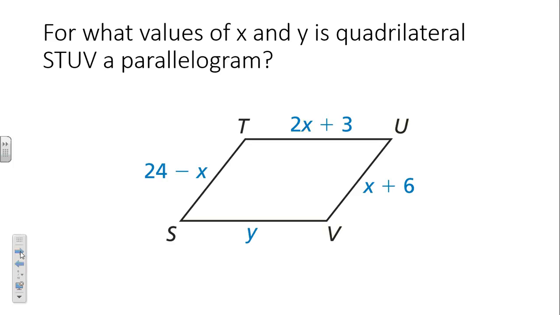Who wants the marker? Someone else. Who wants the marker? Maya. Okay? Help us figure this one out. How are we going to set a value for x and y so that this is a parallelogram? Okay? What are we going to do?